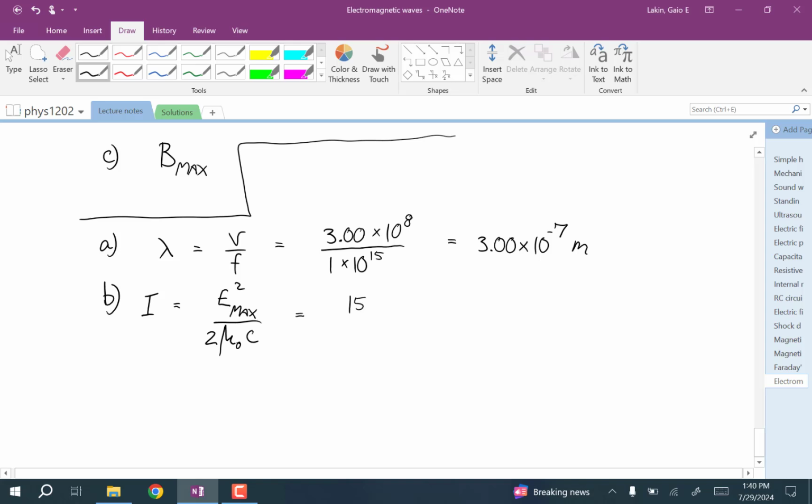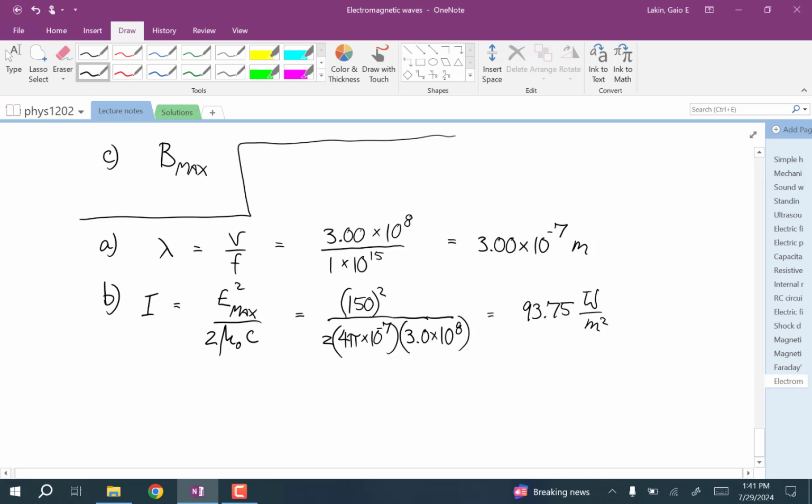E max is 150. So we're squaring that, dividing it by 2 times 4 pi times 10 to the minus 7, and then the speed of light. And we get an intensity of 93.75 watts per meter squared.